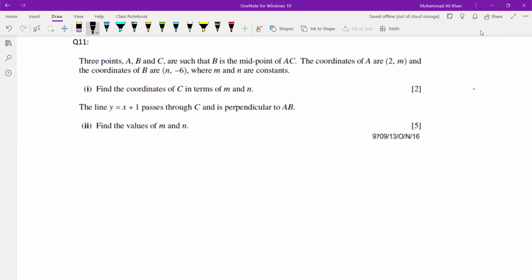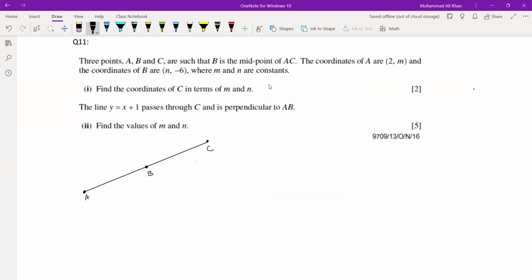Find the coordinates of C in terms of m and n. This is A, this is C, and B is the midpoint. I'm just making a simple diagram, right? So find the coordinates of C in terms of m and n.